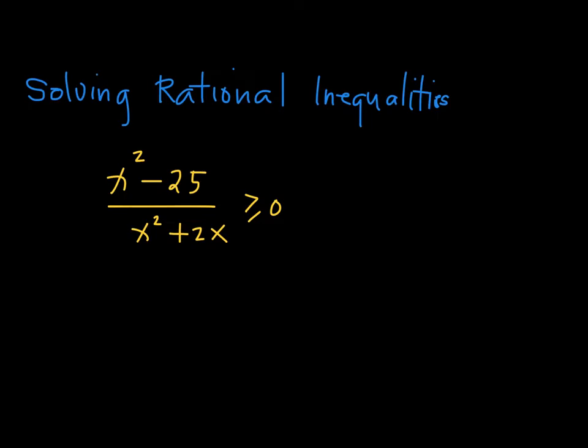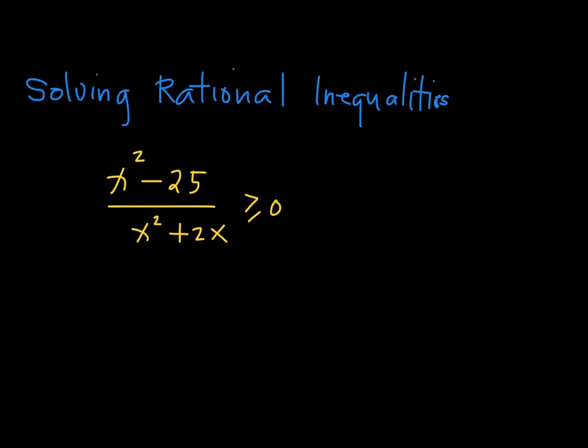Take note that for inequalities, when you use a multiplier that is a negative number, the inequality sign will be reversed. Since we don't know whether this is a positive or negative number, we cannot cross multiply.